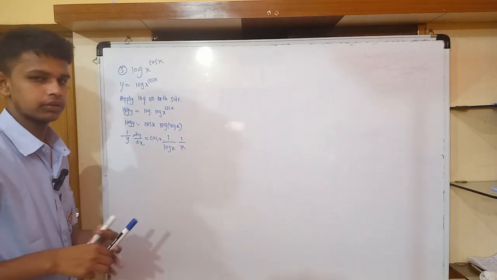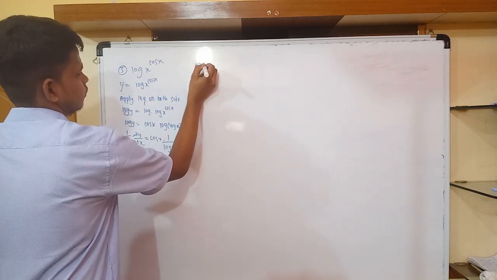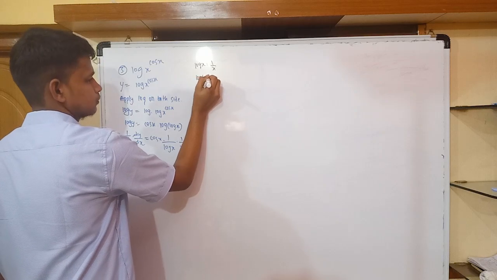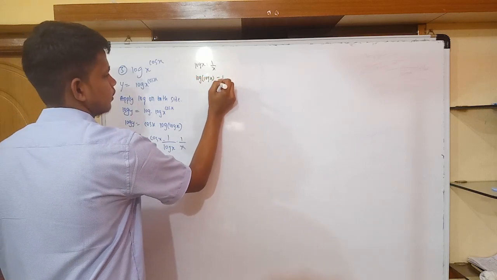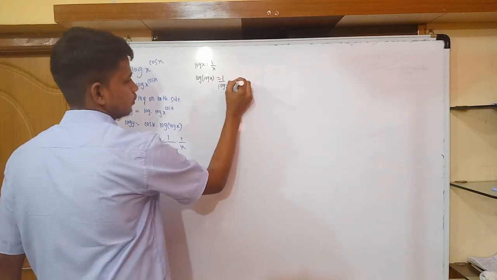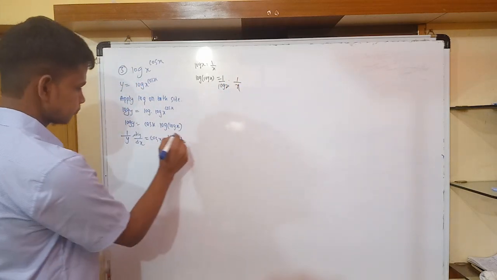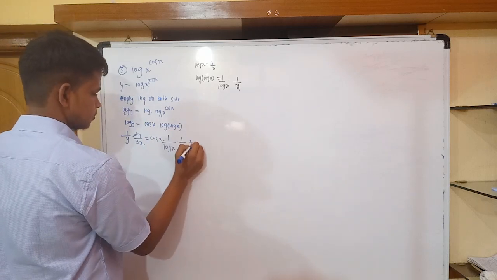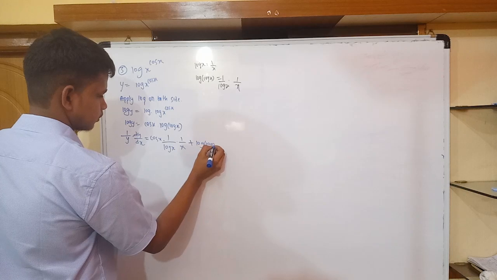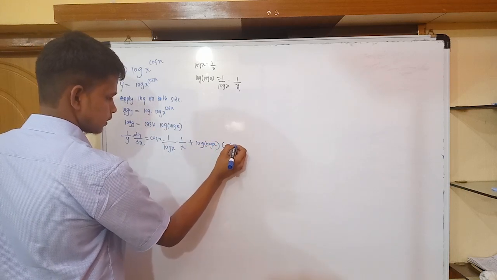I have already told you how I got this answer. Then plus, the second function log of log x as it is, into derivative of cos x, which is minus sin x.